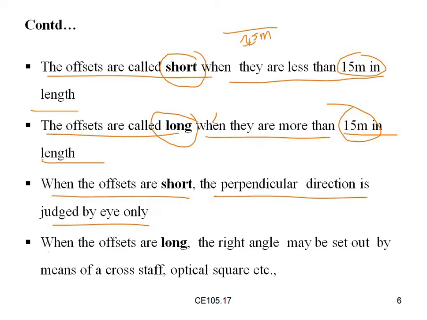Whereas when the offsets are long, the right angle may be set out by means of a cross staff or optical square, etc. So suppose the offset length is very long, we will set out the right angle with a cross staff or optical square. How we do this, let us see.